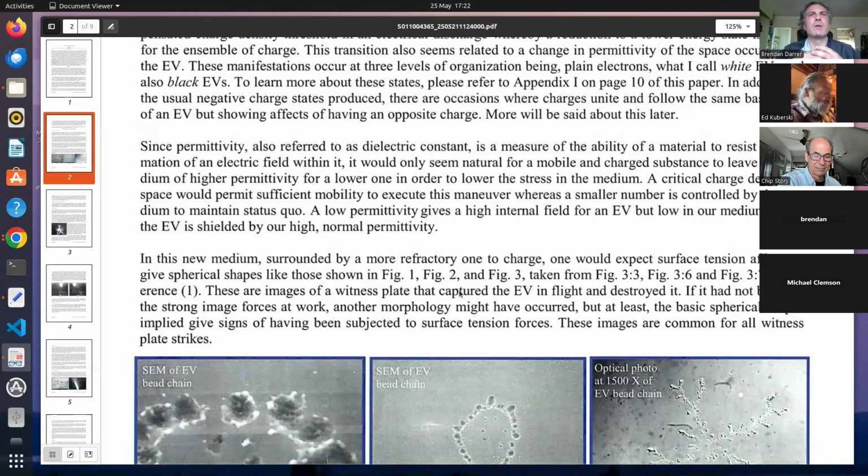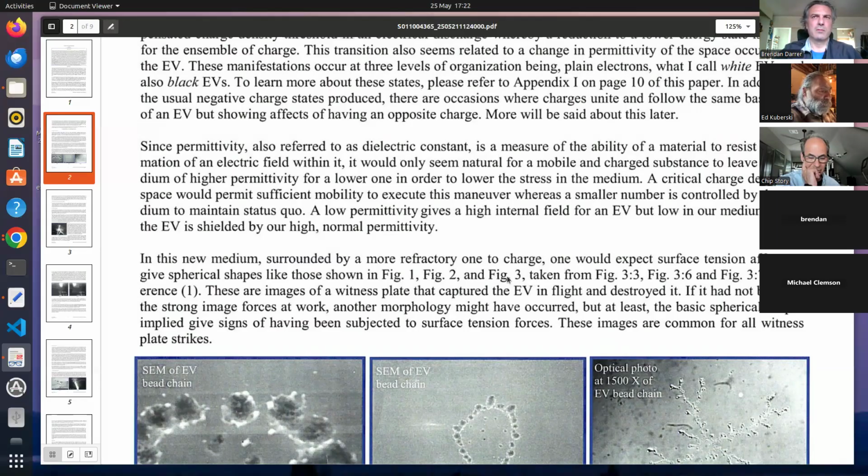The dielectric constant is the permittivity. So since permittivity is a measure of the ability of a material to resist the formation of an electrical field within it, it would only seem natural for a mobile and charged substance to leave the medium of a higher permittivity for a lower one in order to lower the stress in the medium.